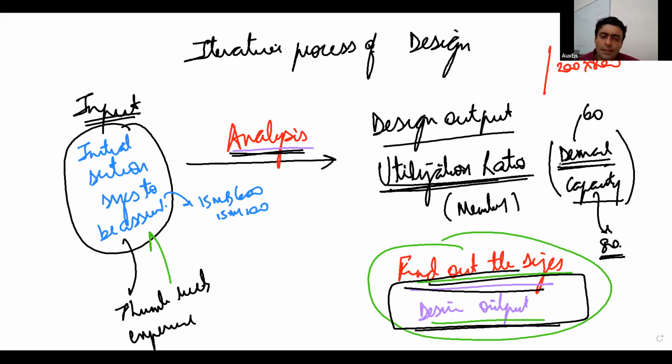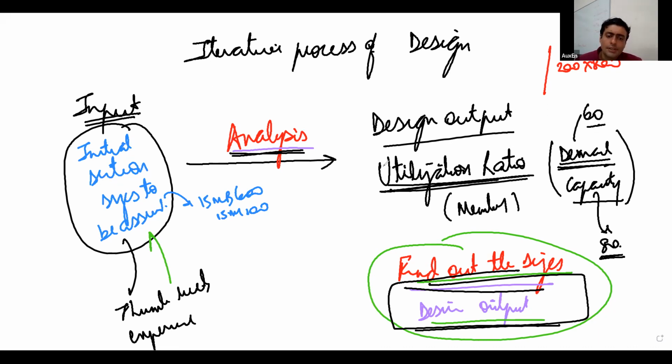So what is the utilization ratio? The utilization ratio will be 60 upon 80. Yeah, simple, 60 upon 80.